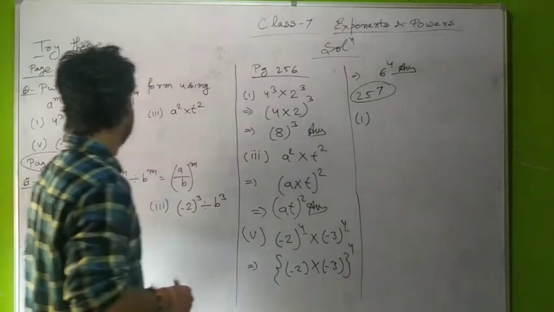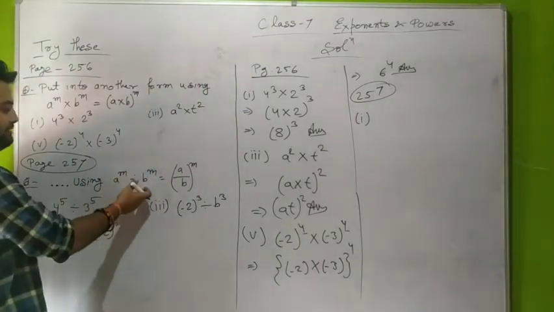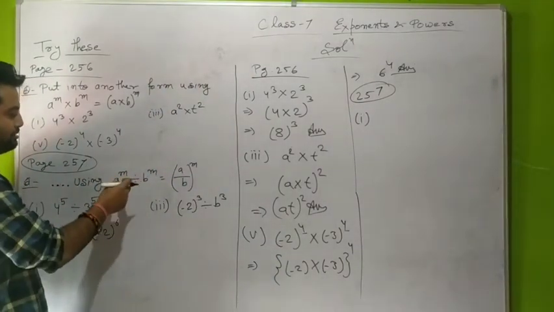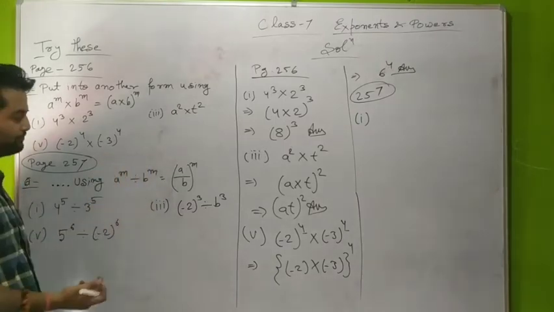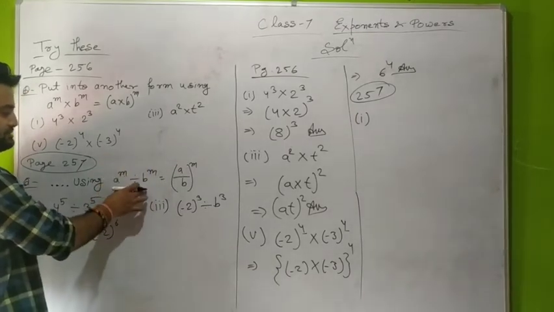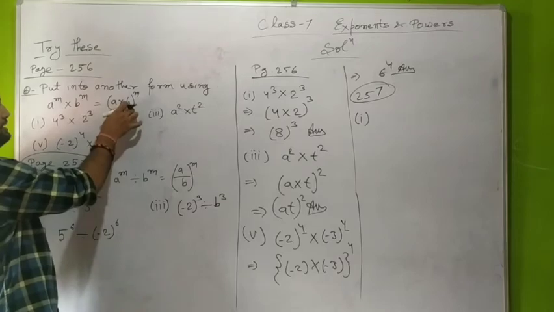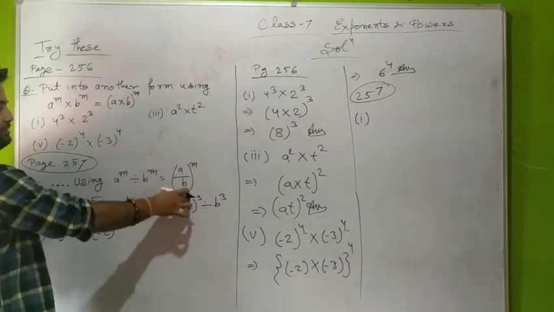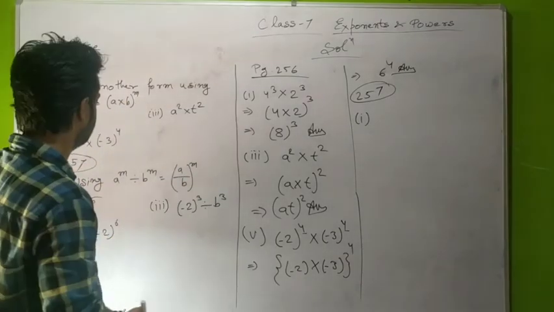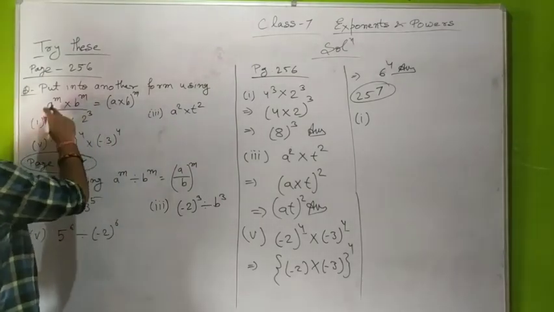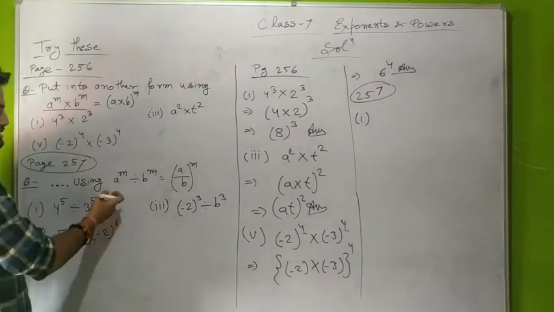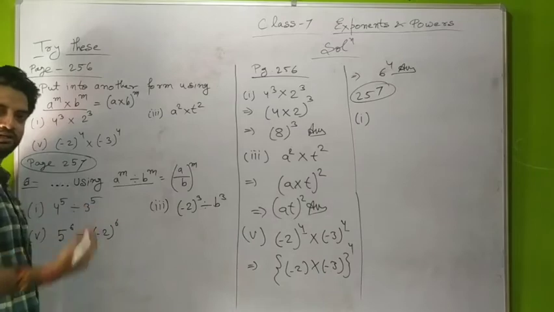We have to now use this property. We know that when the powers are the same and it is in division form, then in the same way as it is multiplied, it will be divided. In the case of multiplication, we multiply the bases. In the case of division, we divide the bases.